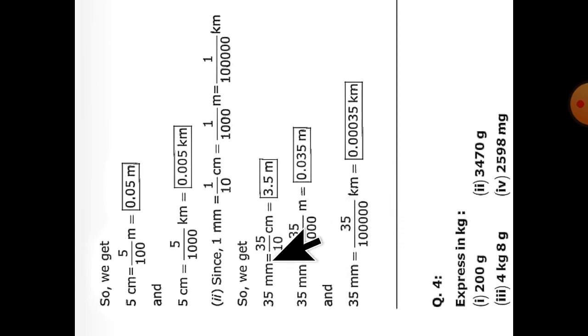So let us see. 35 millimeter equal to 35 upon 10 centimeter is equal to 3.5 centimeter. 35 millimeter equal to 35 upon 1000 meter equal to 0.035 meter. And 35 millimeter equal to 35 upon 1 lakh kilometer equal to 0.00035 kilometer.